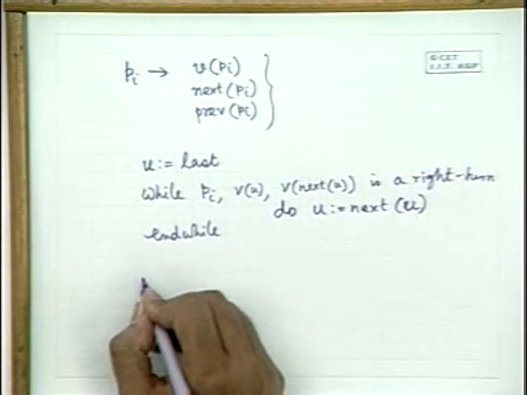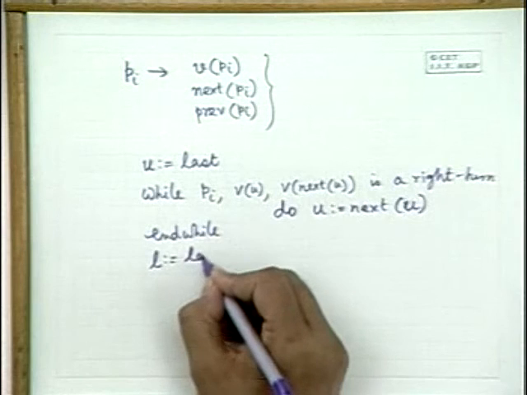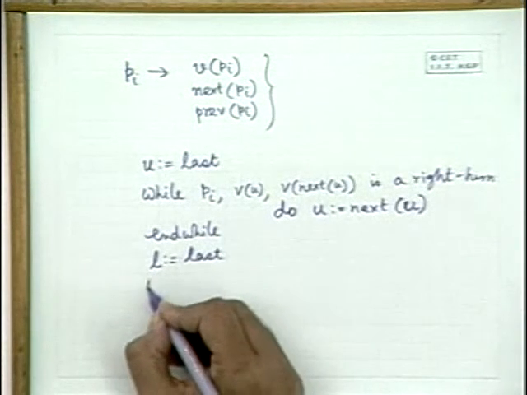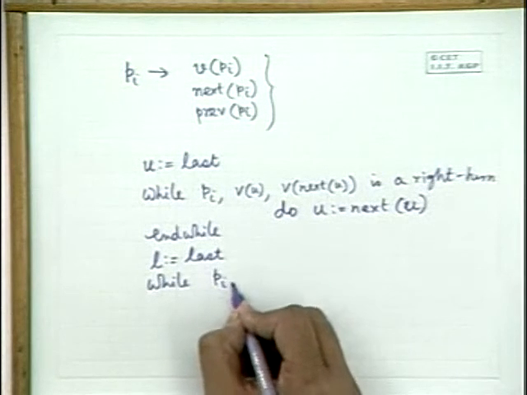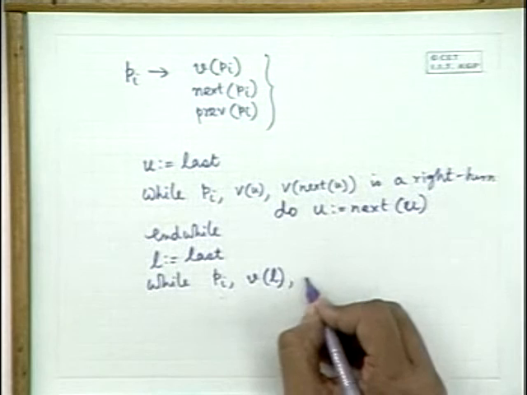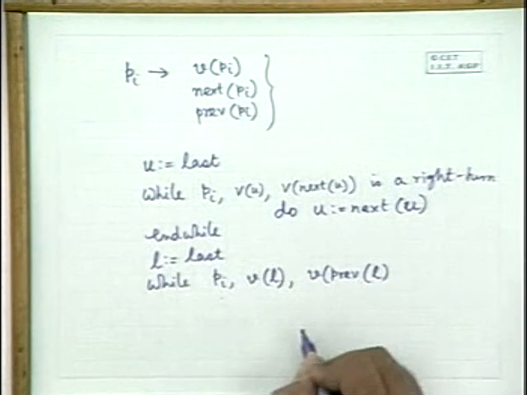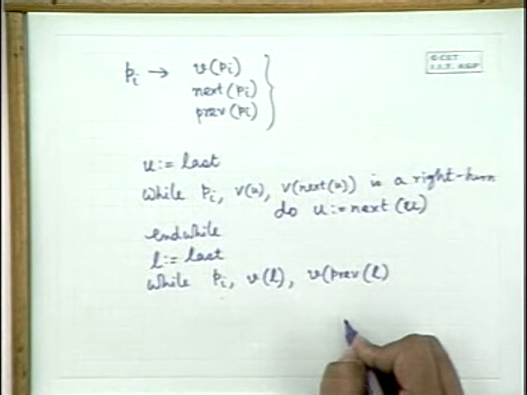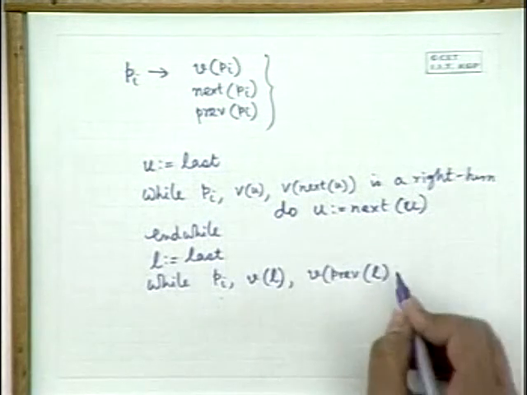Similarly, we will have a walk downward. Again we initialize L is equal to last, while pi, v of L, and this time we take the prev pointer, because we are moving down now. The upper one I assumed the next pointer.